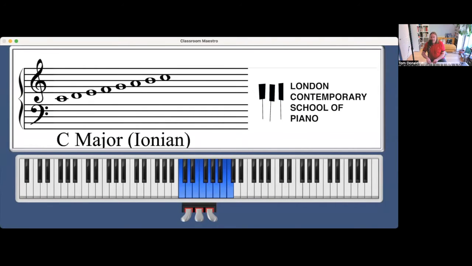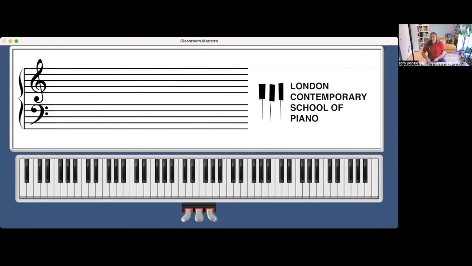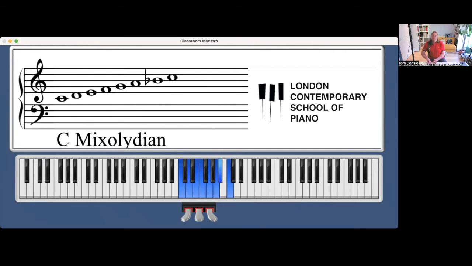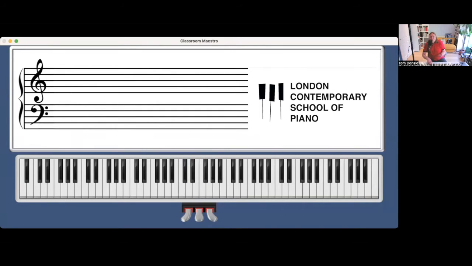We can also find modes by just simply adjusting the notes in a given major scale. So we were talking about the Mixolydian mode, and the Mixolydian mode is basically a major scale with a flattened seventh. So we get this. There's the C Mixolydian mode. And also, let's use the Dorian as an example.